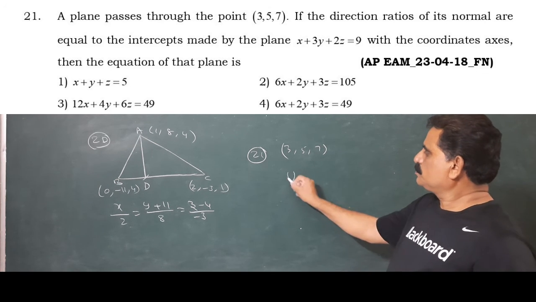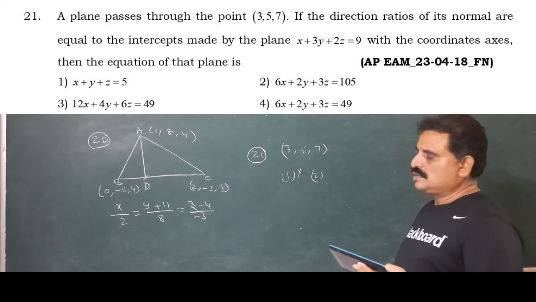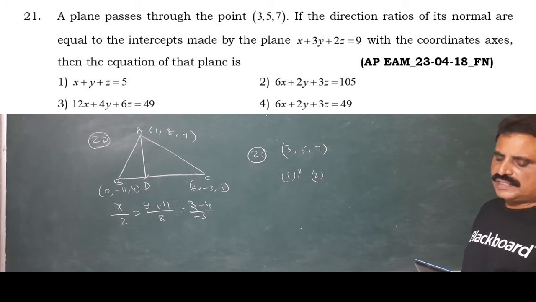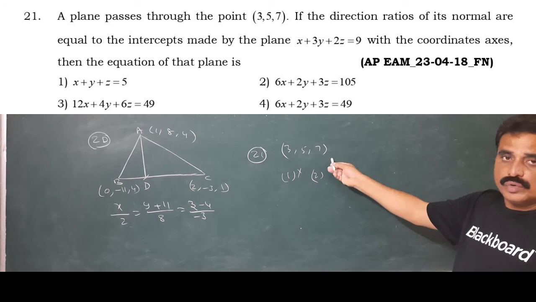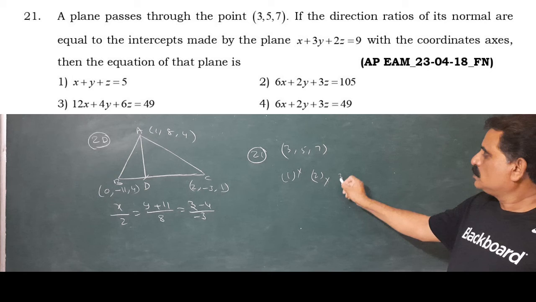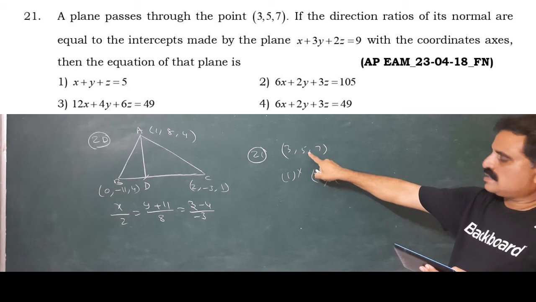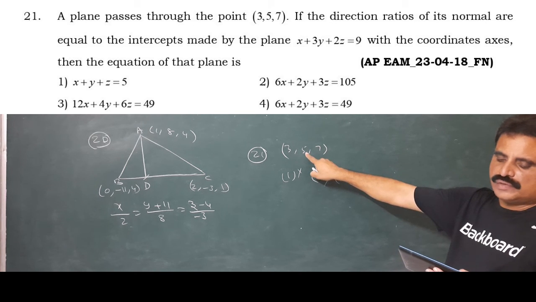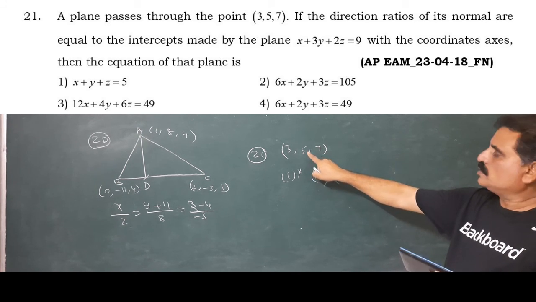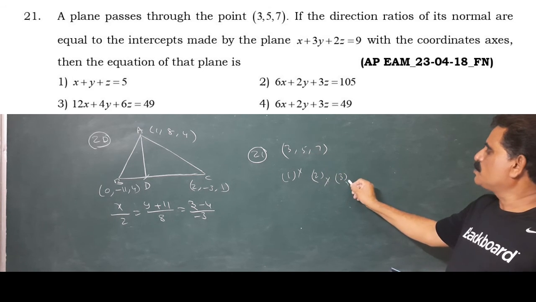Wrong. The second option: 18 plus 10 plus 21 is not equal to 105, wrong. Third option: 36 plus 20, 56 plus 42, that is not equal to 49. Third option wrong.